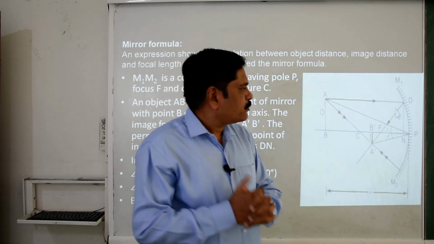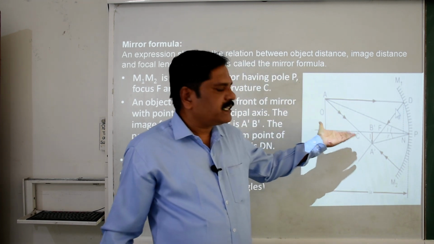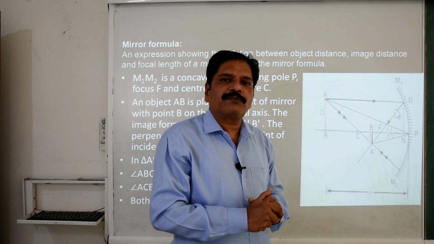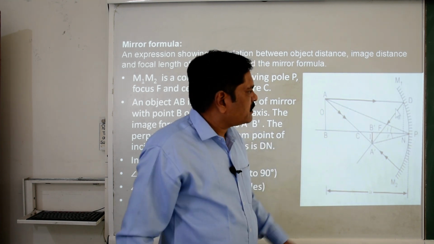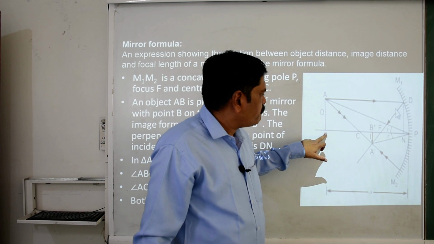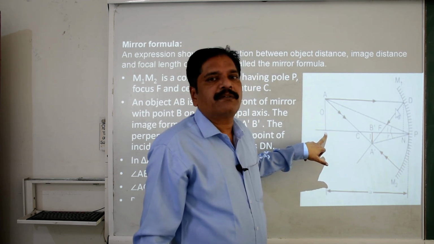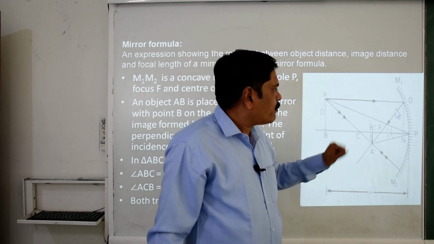Now just see this diagram and conclude a few facts. What will be the distance of the object? Yes, the distance of the object will be PB. Will it be negative or positive? Right, it will be negative. What will be the radius?